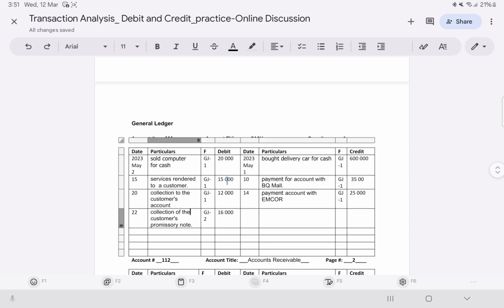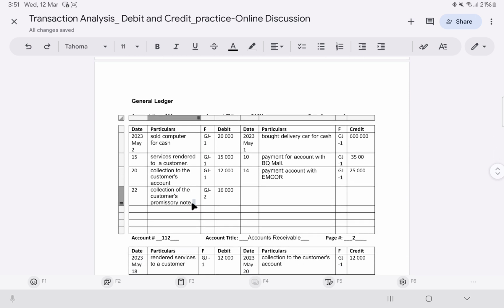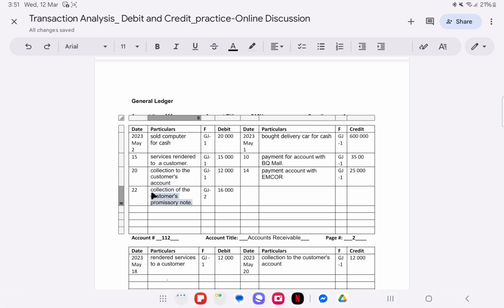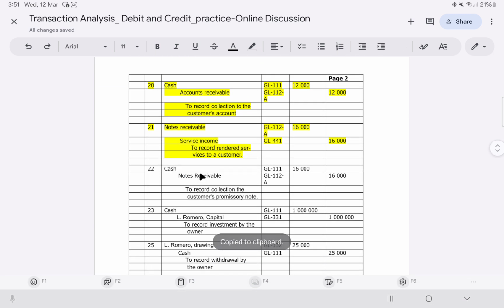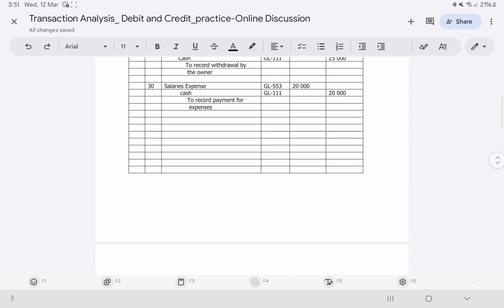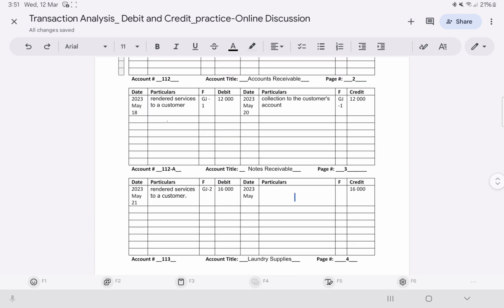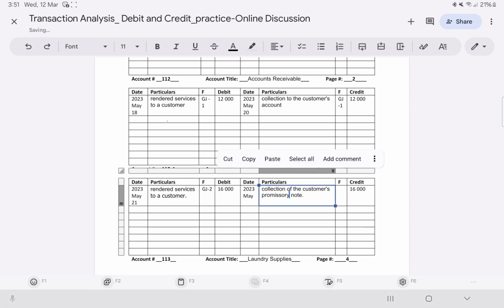Then the credit is, let's copy the explanation. The credit accounting title of May 22 is notes receivable 16,000.